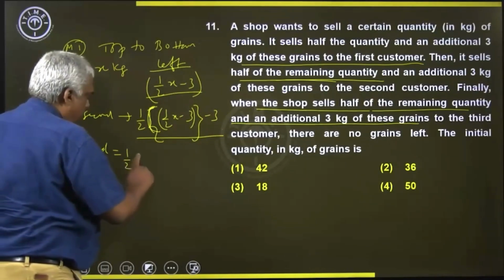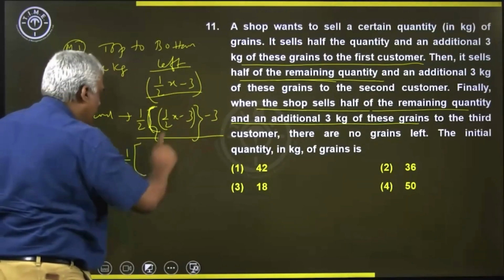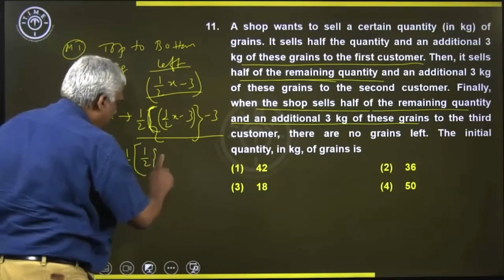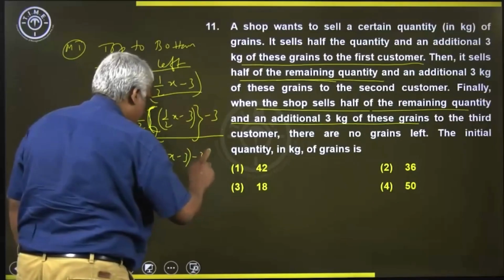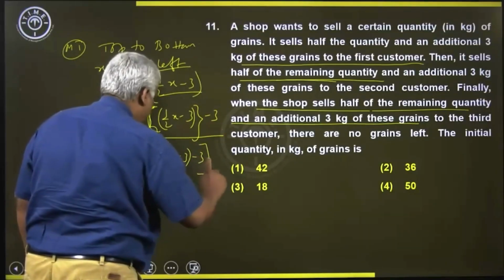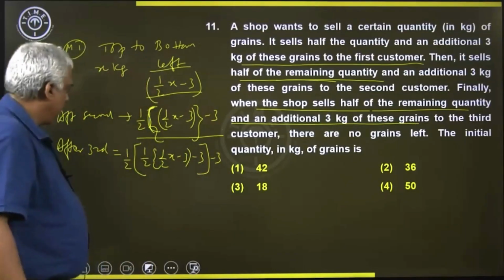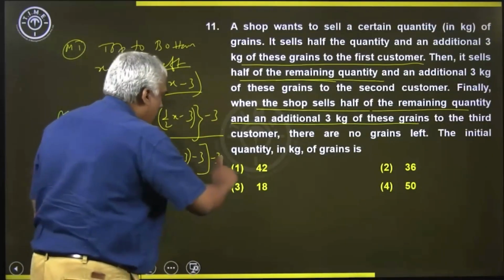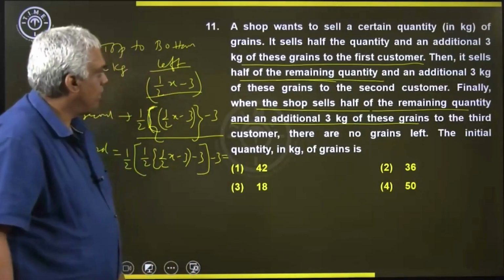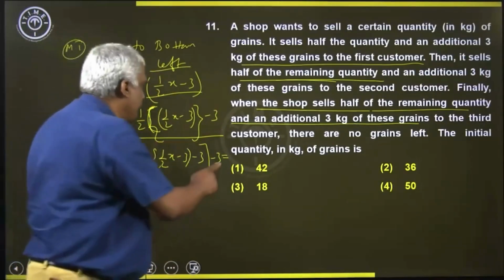So half of this whole thing, half of half x minus 3, minus 3. So half of this minus 3 is left, and this is given as no grain left. So this is 0, right?